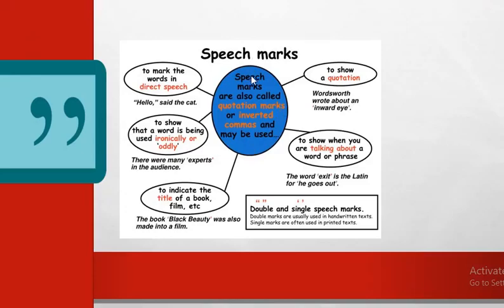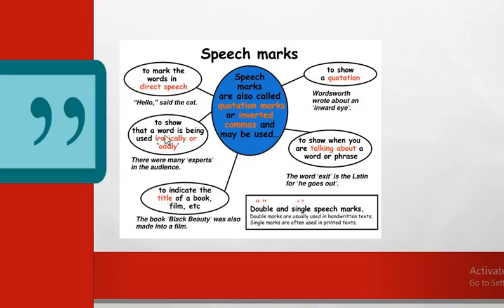Speech marks or quotation marks, also called quotes, quote marks, inverted commas, talking marks, are used to mark the words in direct speech. "Hello," said the cat.